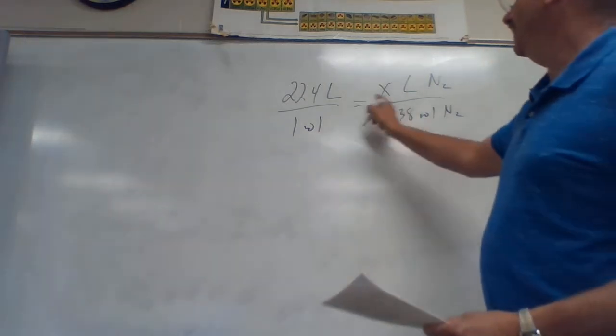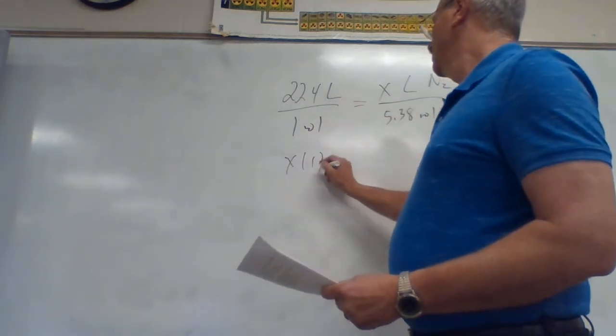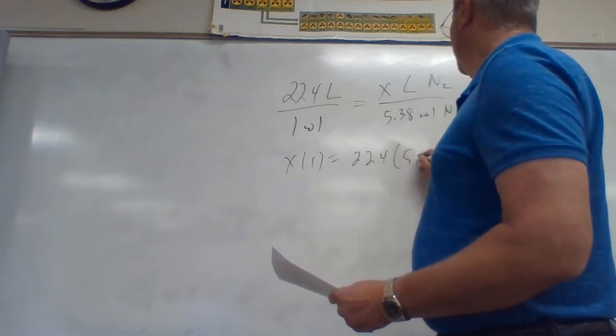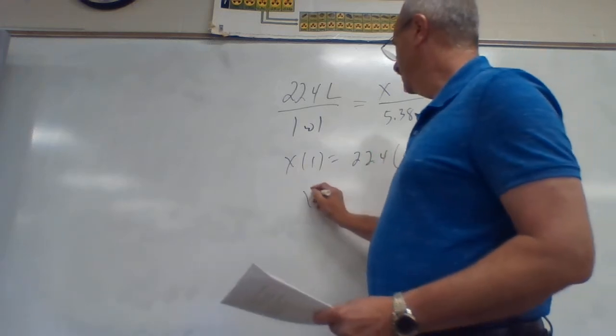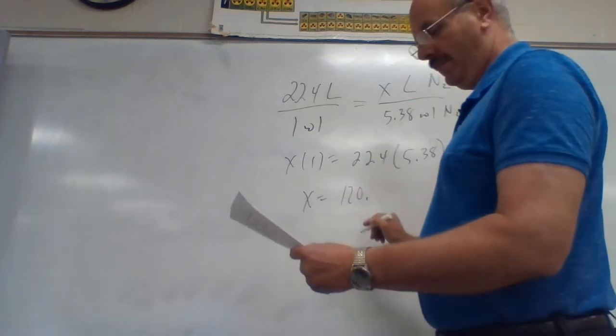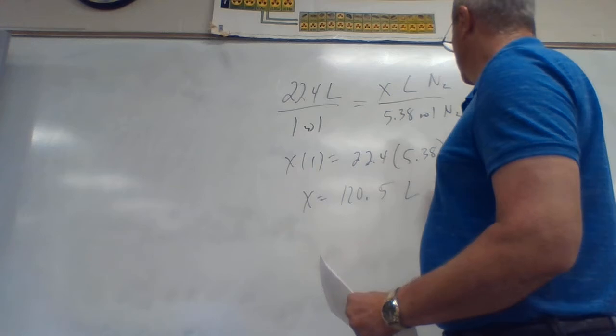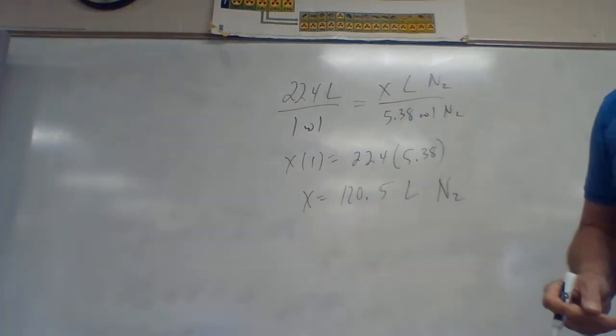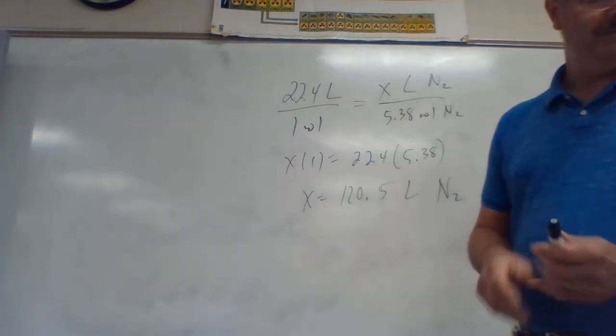So from there, cross multiply X times 1 equals 22.4 times 5.38. If you multiply that out, X is going to end up equaling 120.5. That's liters of nitrogen gas, is what you should get for that one. So that was number 2.